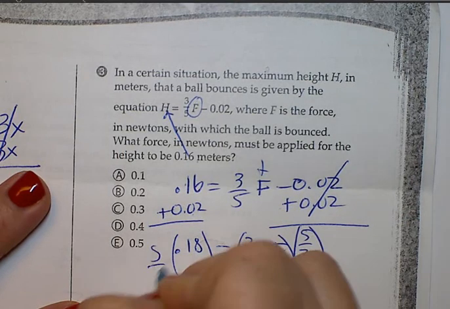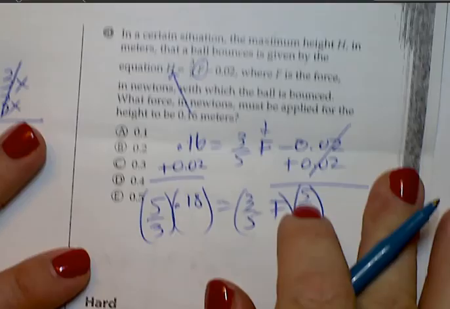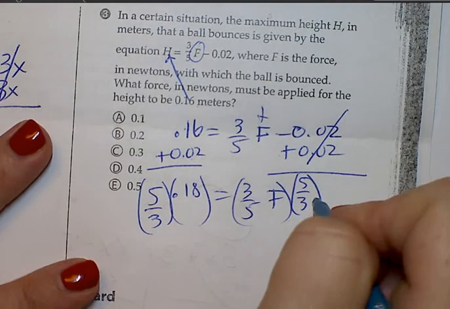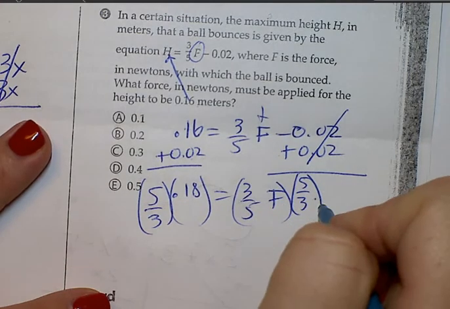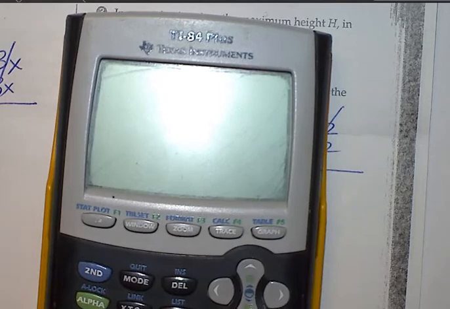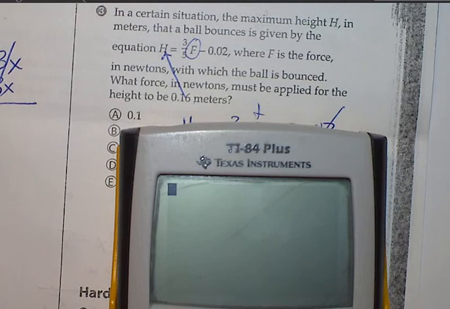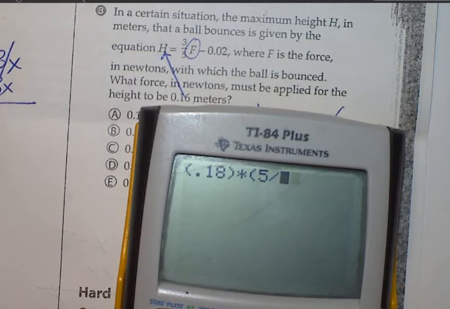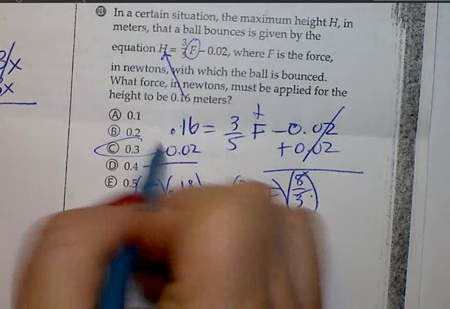Oftentimes, I see a mistake of when students multiply by the reciprocal, they also think they need to change the sign. Not true. So I'm going to do this on a calculator to make life easy. I'm going to take 0.18 times the fraction 5 divided by 3, and I get 0.3. Correct answer is C.